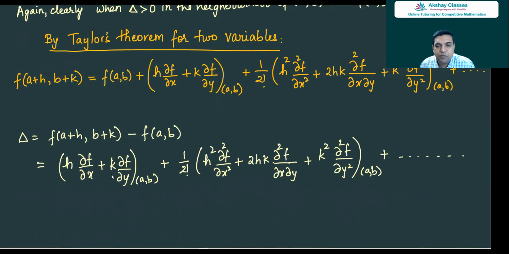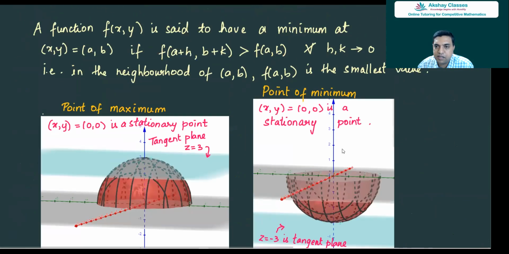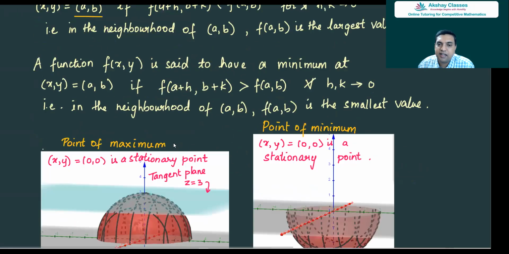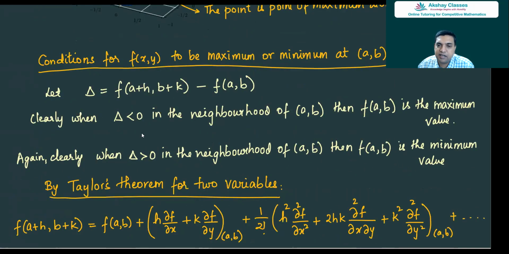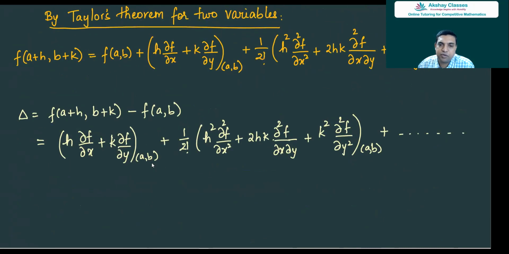Now the value of k will determine the sign of delta, but we want the sign of delta independent of h and k. Okay, independent of h and k, because in the neighborhood here, the figures that we draw, h and k can be positive or negative, but independent of h and k, this delta has to be negative or positive throughout the neighborhood, but it doesn't happen so.